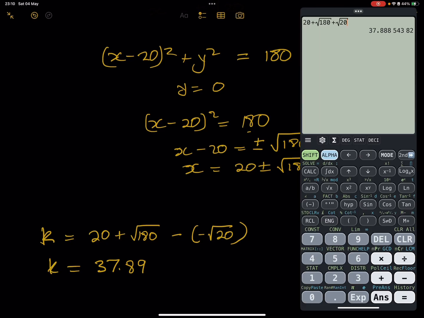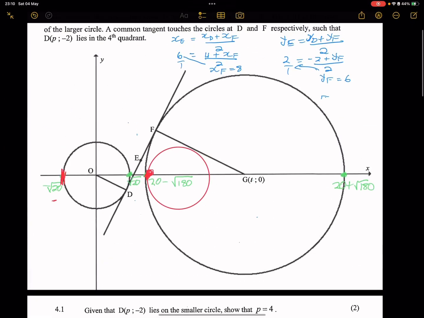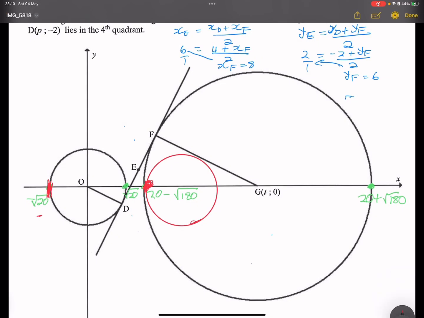Now the second value for k, ladies and gents. Let me just get rid of this circle here. Now I'm going to take this small circle and move it all the way to the side.